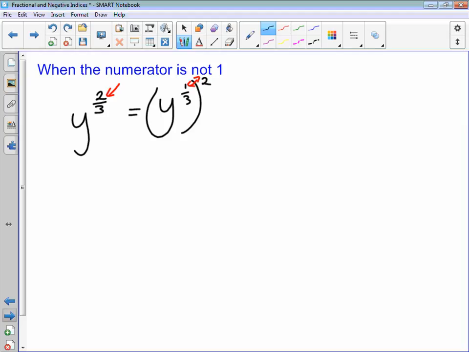So it's a case of looking at which is easiest to do. Here you've got a cube root and a square. This third tells us we need to cube root, and this 2 tells us we need to square. Doesn't matter which order we do it in, so we work out the easiest way.